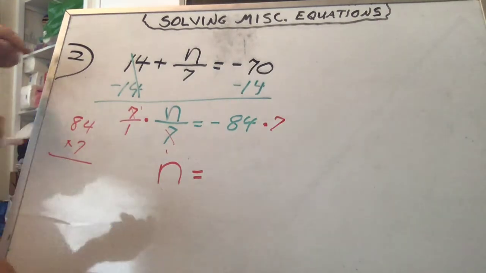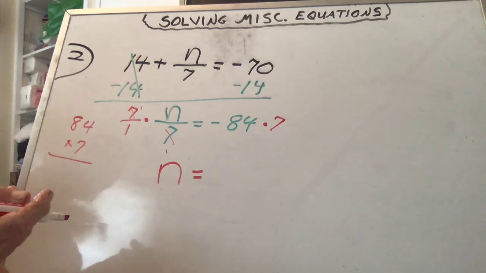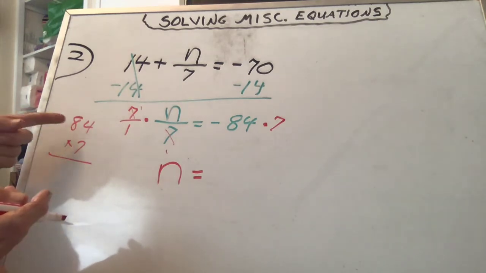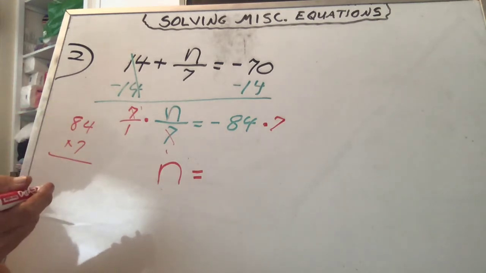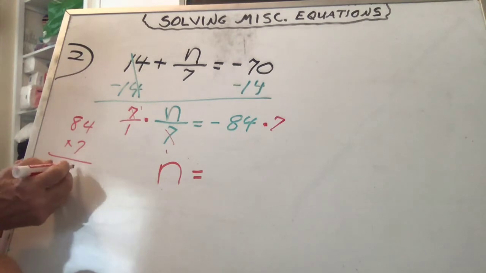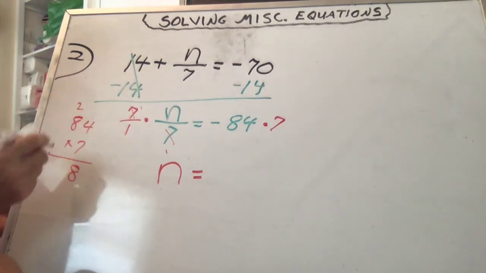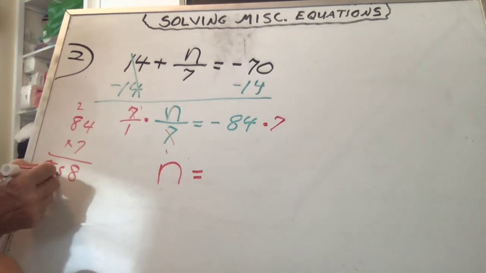Okay, I could do it in my head. I know 7 times 4 is 28. 7 times 8 is 56, but that's actually 80. So that's 560 plus 28 is 588. Let's check our work. 28, carry 2, 56 plus 2, there you go.